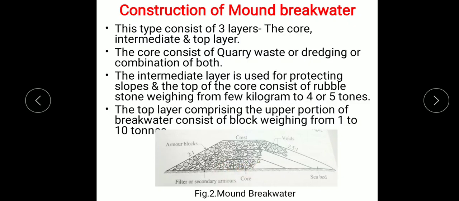The intermediate layer is used for protecting slopes and the top of the core, and consists of rubble stone, and basically the weight of this rubble stone is from a few kilograms to 4 to 5 tons. The top layer comprising the upper portion of the breakwater consists of blocks weighing from 1 to 10 tons. So this is about the construction of mound breakwater.